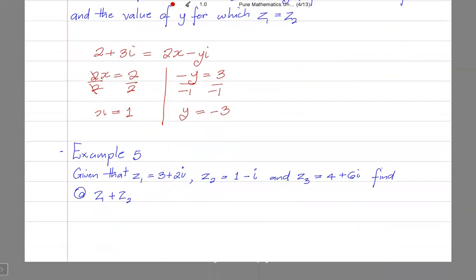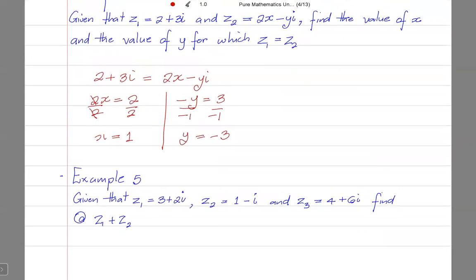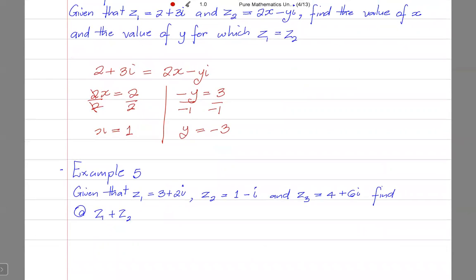Example 5. So example 5a. So we have complex number Z1 is 3 plus 2i, Z2 is 1 minus i, and Z3 is 4 plus 6i. We're to find the complex number Z1 plus Z2.